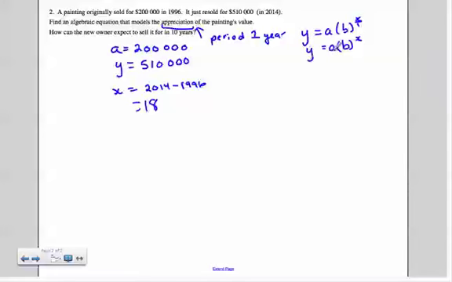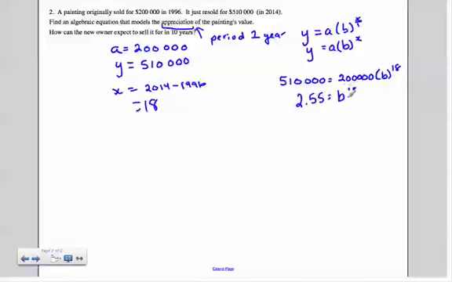So instead of subbing in a and b and x and figuring out an answer, I know my answer is 510,000 when I started at 200,000, grew by some appreciation rate for 18 years. So I'm going to take the 200,000 over and divide. 510,000 divided by 200,000 gives me 2.55. And so I'm left with b to the 18.